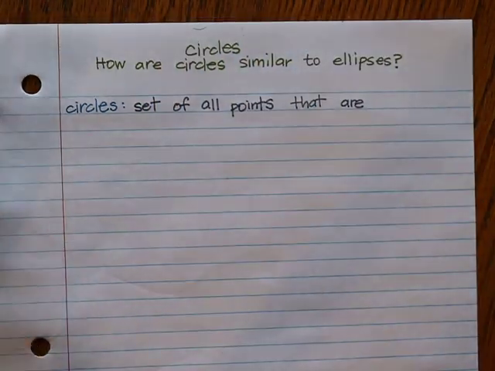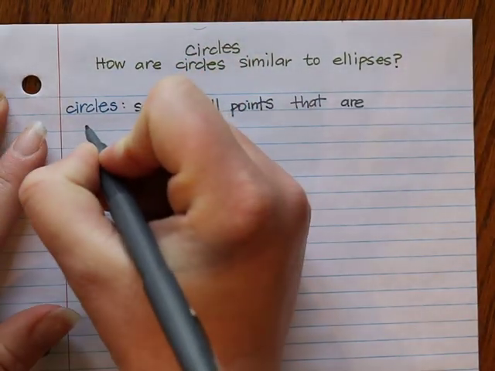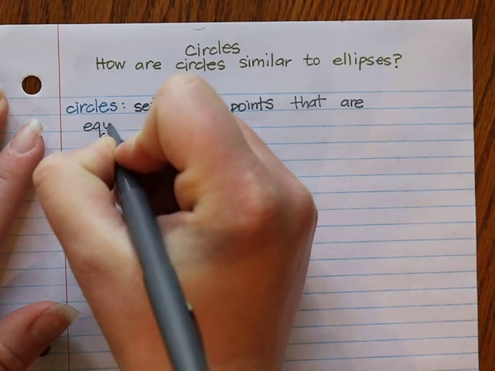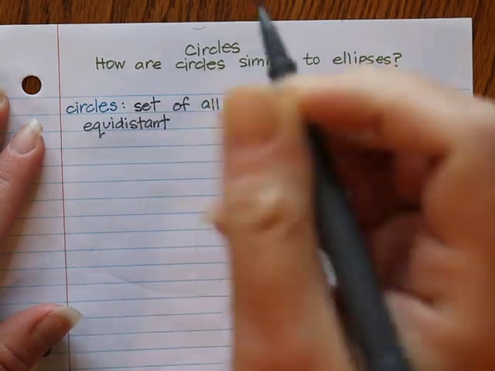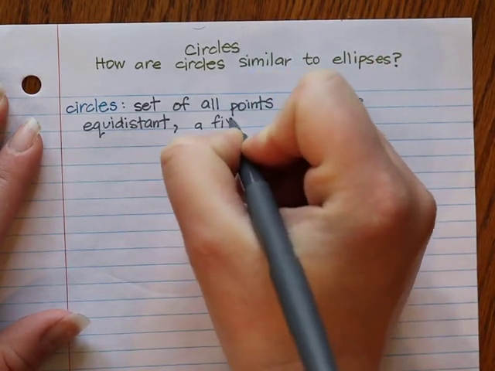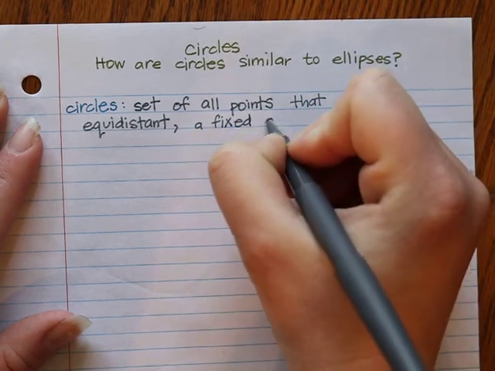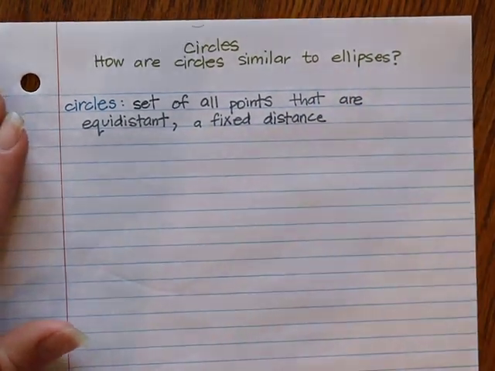I'm going to use the word equidistant again, but then I'm going to clarify it a little bit. I'm going to say equidistant because I think that's such a good word, and it's good for us to be mindful of that word. Then I'm going to say a fixed distance because that's going to come in handy for how we start to do our characteristics.